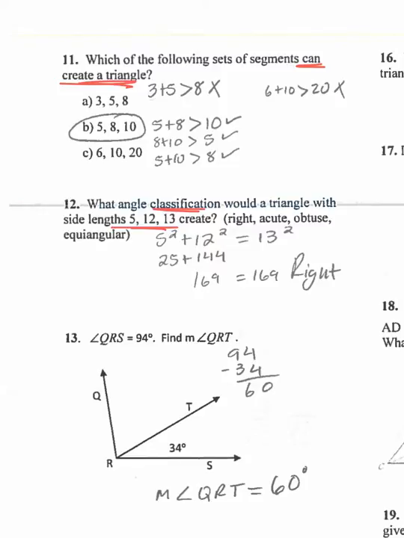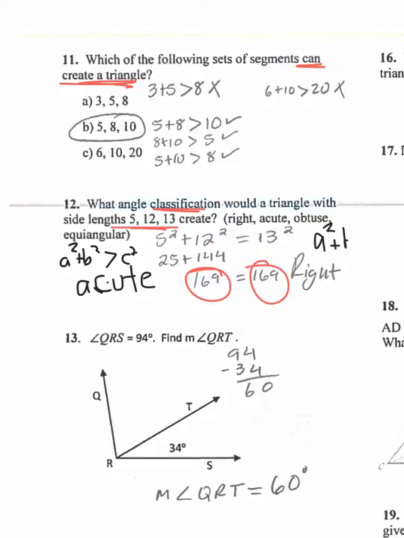So 5 squared plus 12 squared is 169. 13 squared is 169. If they're equal to each other, it's a right triangle. If they're not equal, a squared plus b squared bigger than c squared, that's acute. And if it's a squared plus b squared less than c squared, that's obtuse.